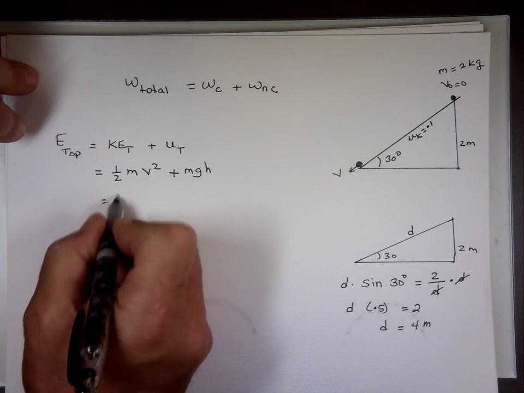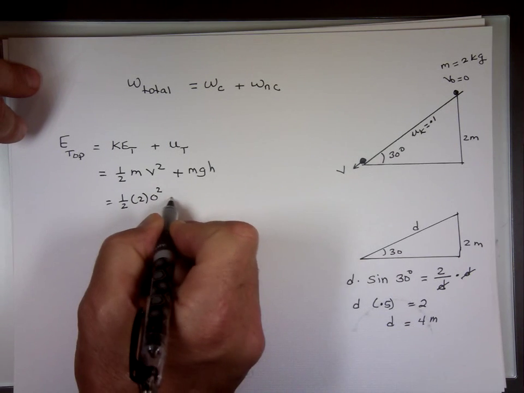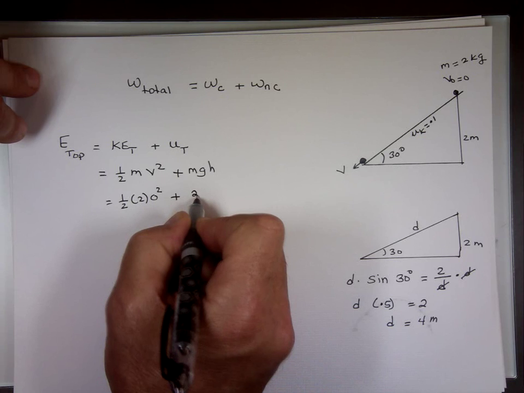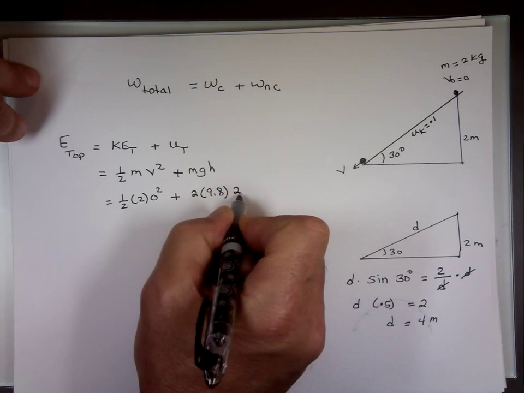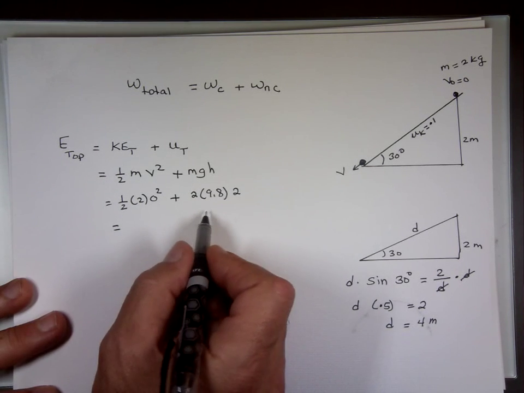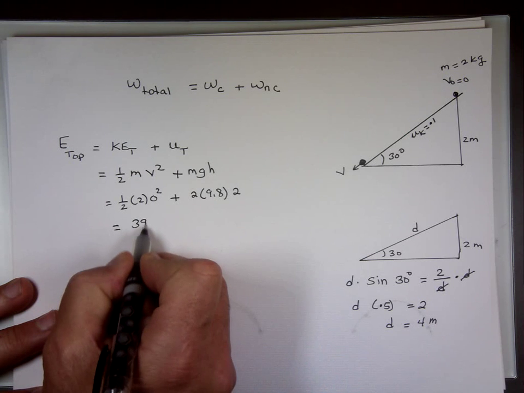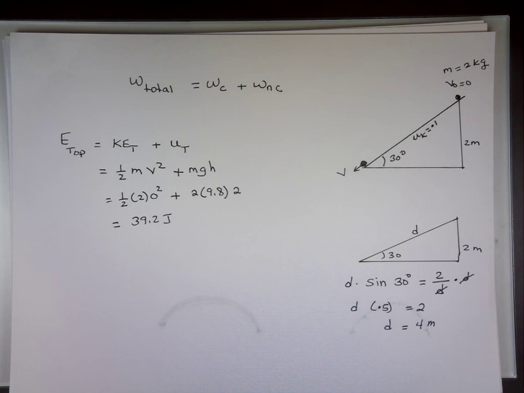So it's 1/2 times 2 times 0 squared plus the mass, which is 2, times 9.8 times the height, which is 2. Is that 39.2? That's the top.